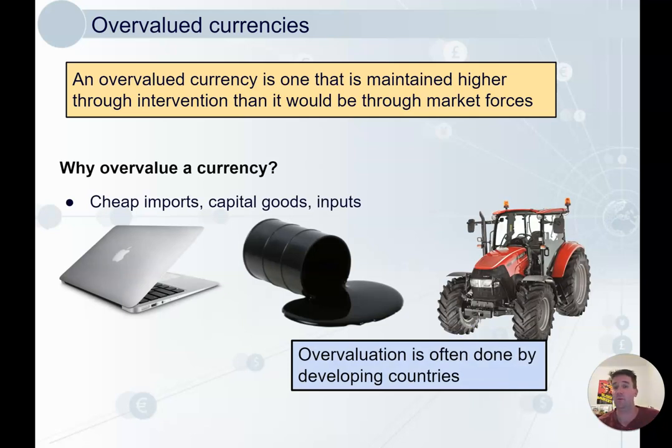They get cheap imports. You have a high value of the currency, imports become cheaper, and we can import capital goods and inputs. So capital goods like a tractor, inputs. It's often done by developing countries so that they can import the things they need to develop and diversify their industries. That would be a valid reason to do it.